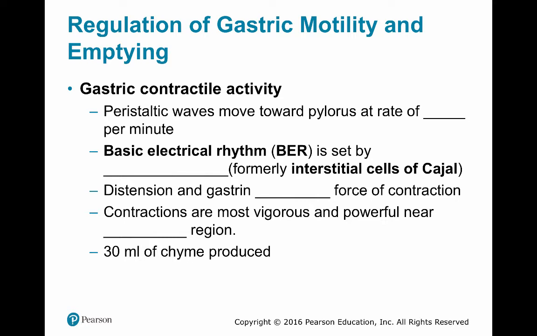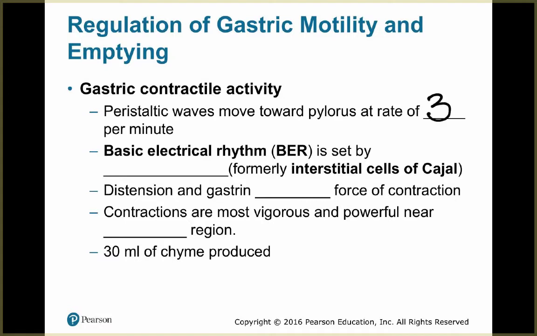How do we allow the motility and the emptying of the food once it gets in there? Well, you have gastric contractile activity. You have a peristaltic wave that moves towards the pylorus at a rate of 3 per minute. The basic electrical rhythm, or BER, is set by enteric pacemaker cells.